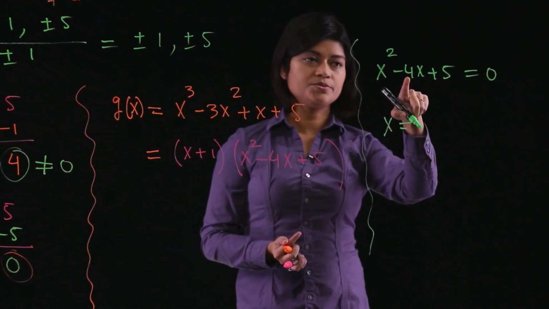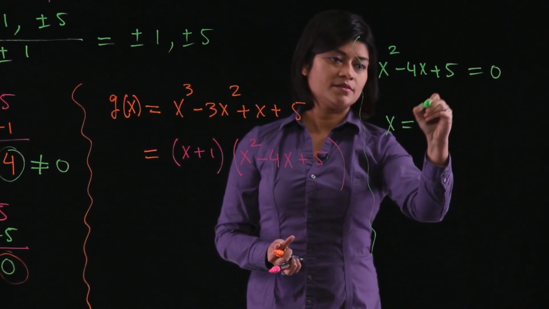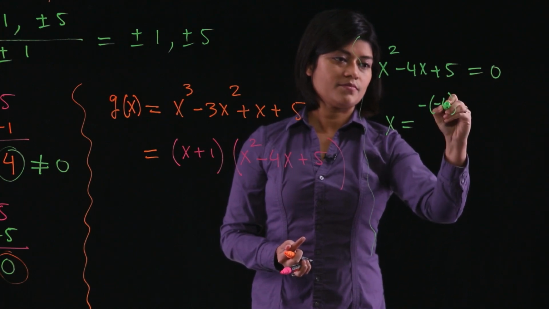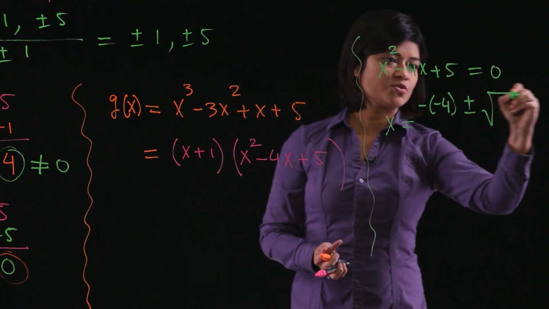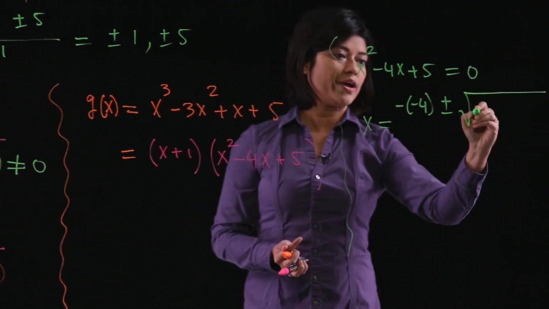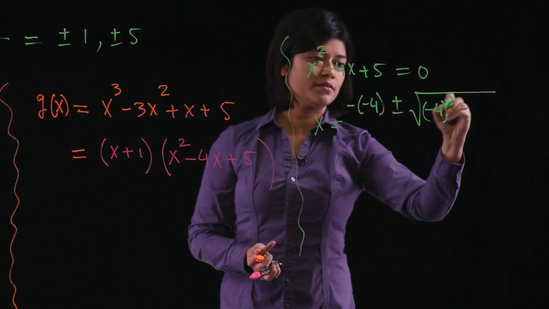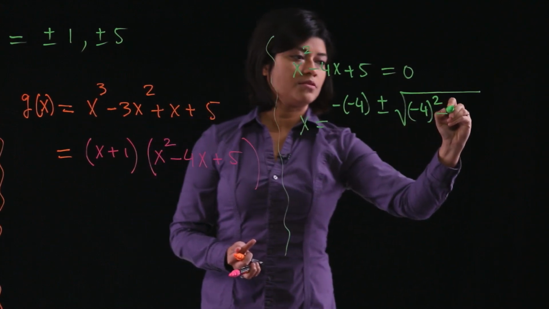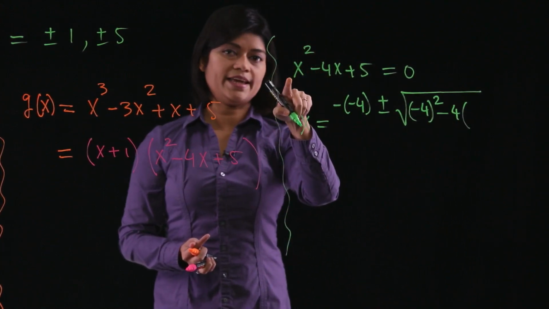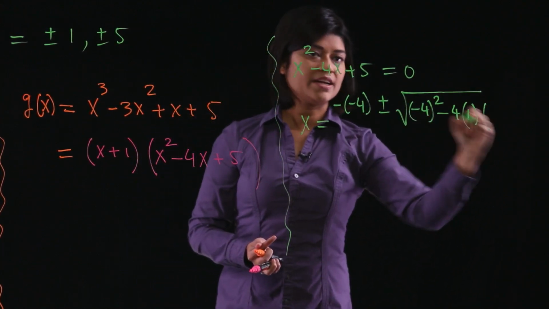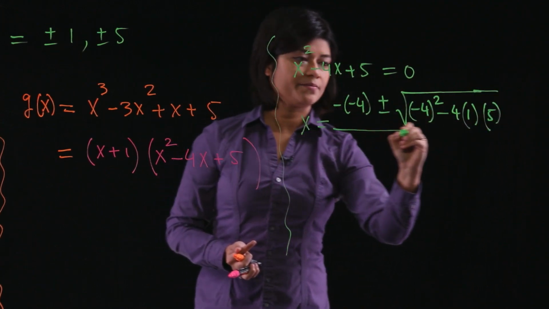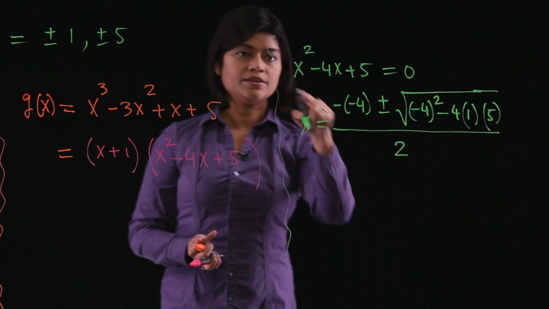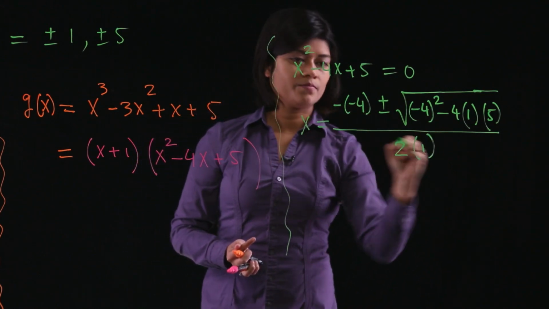So x is equal to negative of b, negative of negative 4 plus or minus the square root of b squared, so negative 4 squared, minus 4 times a, which is 1, times c, which is 5, divided by 2a, 2 times 1.